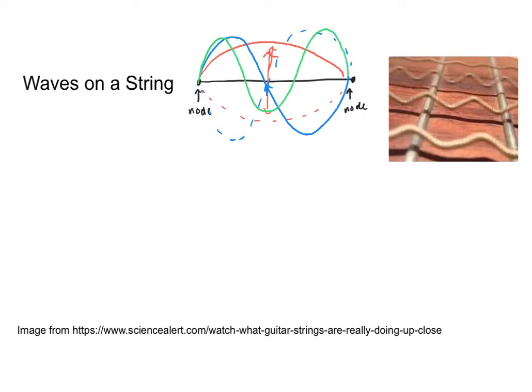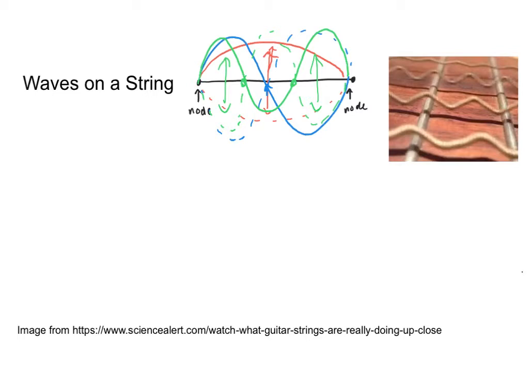So I could draw a third waveform like so. Again, I have nodes on each end and an antinode in the middle, but I have two additional nodes, each one about a third of the way down the string. So what this means is that there are multiple waveforms that can fit on my string, so that my string can generate multiple standing waves. Let's figure out the frequency of those standing waves.